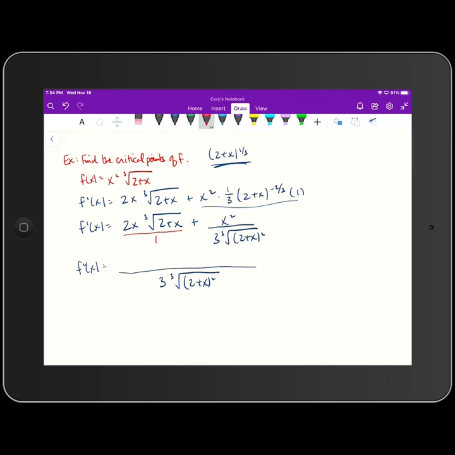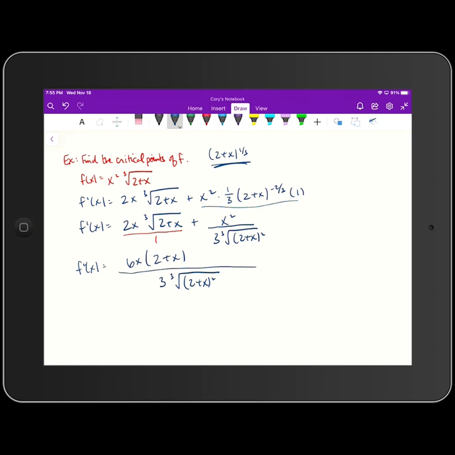So to get that common denominator, I have to multiply the numerator and denominator by 3 times the cube root of 2 plus x squared. So when I multiply 2x times 3, that gives me 6x. And then we have the cube root of 2 plus x times the cube root of 2 plus x squared, which is going to make the cube root of 2 plus x cubed, which is 2 plus x.